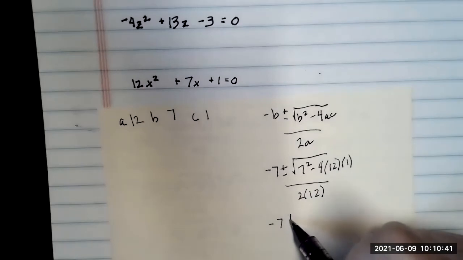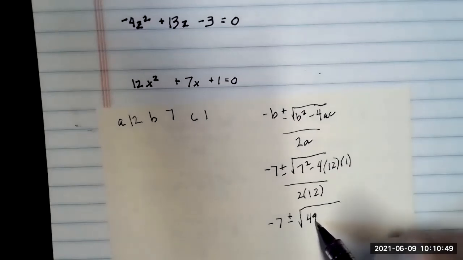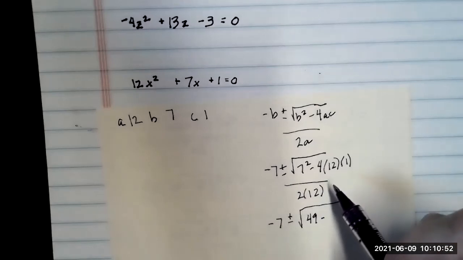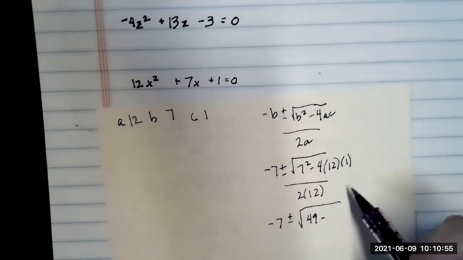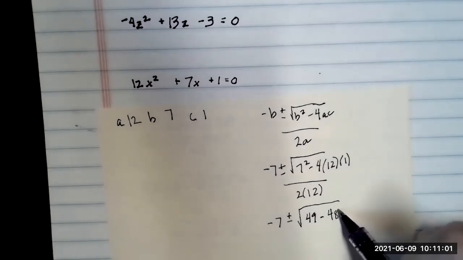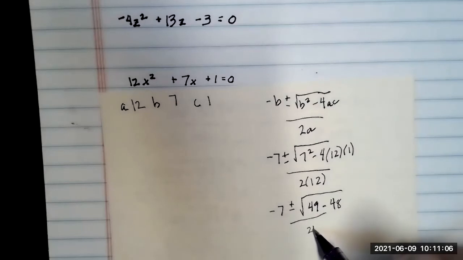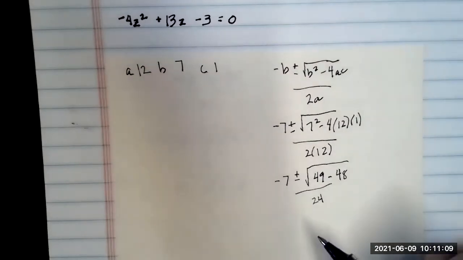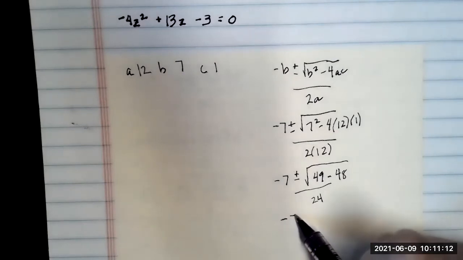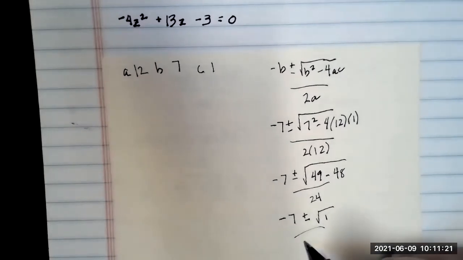Negative 7 plus or minus the square root of 7 squared is 49, 7 times 7, minus 4 times 12 is 48 times 1, over 24. And one more time, we've got negative 7 plus or minus the square root of 1 over 24.